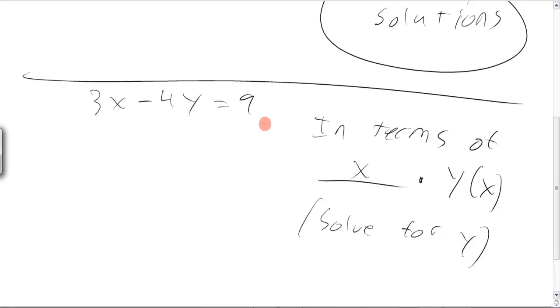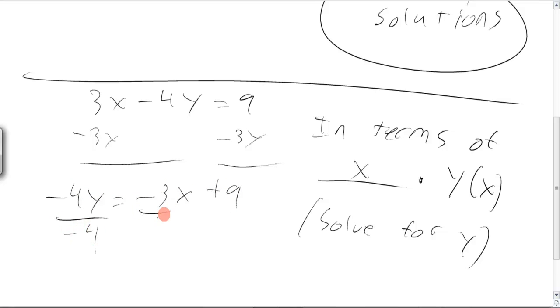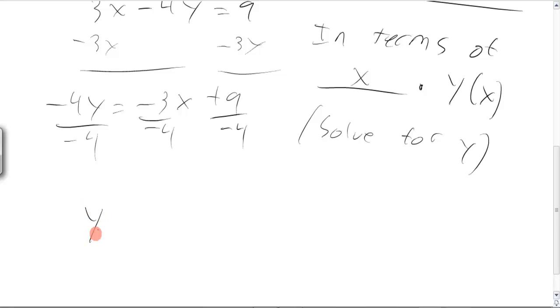So I'll subtract 3x from both sides, which gives me -4y equals -3x plus 9, and then I divide by -4. And now I have y equals 3/4 x minus 9/4.